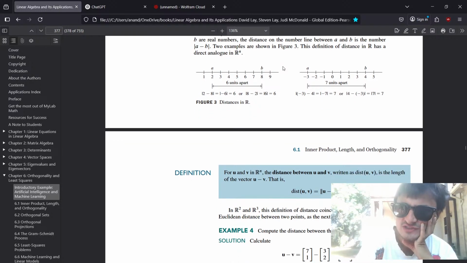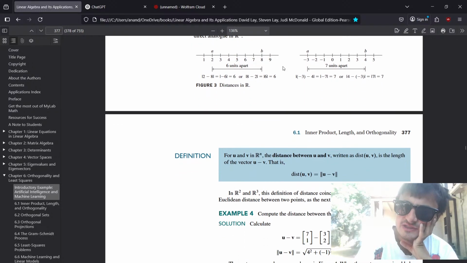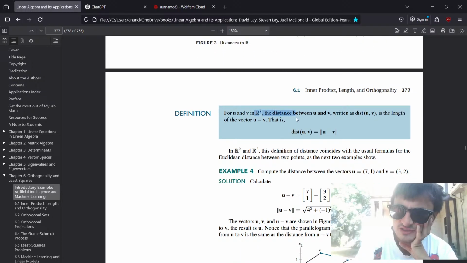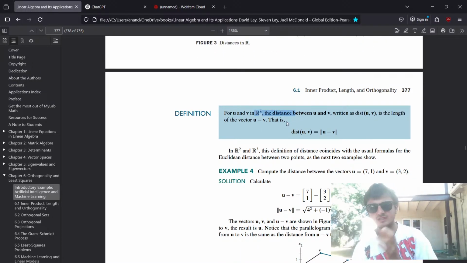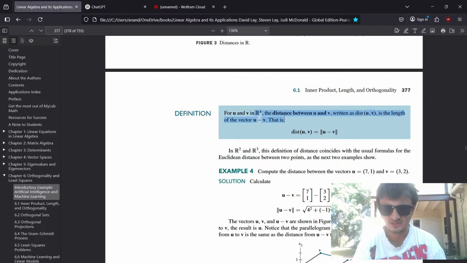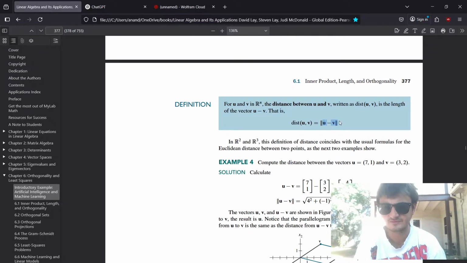This definition of distance in R has a direct analog. For u and v in Rn, the distance between u and v, written dist(u,v), is the length of the vector u minus v. That is, the norm of u minus v.